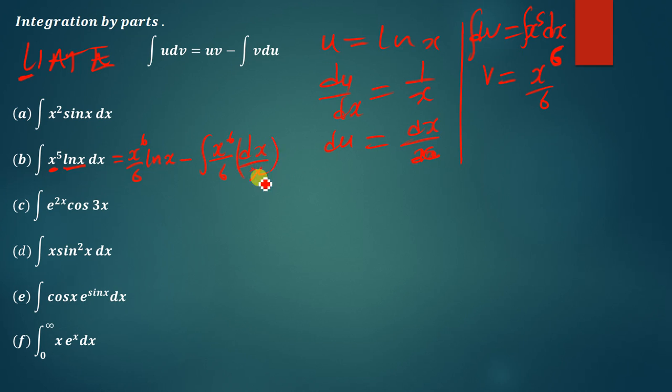When I multiply these two, I'm getting x to the power 5 over 6 dx.